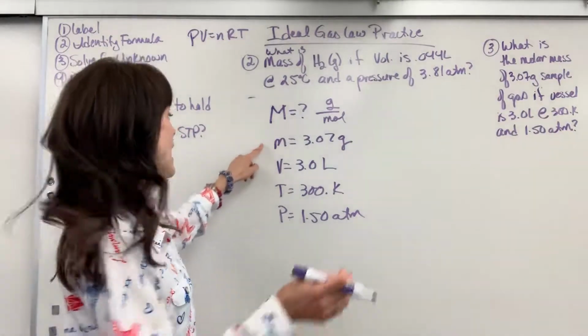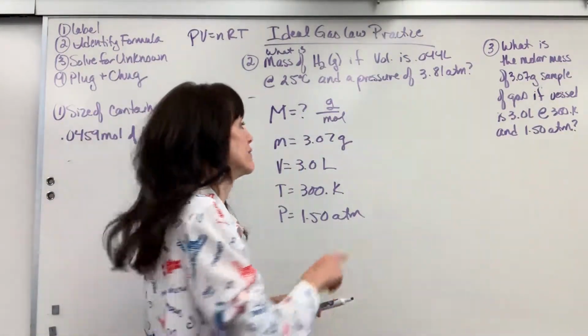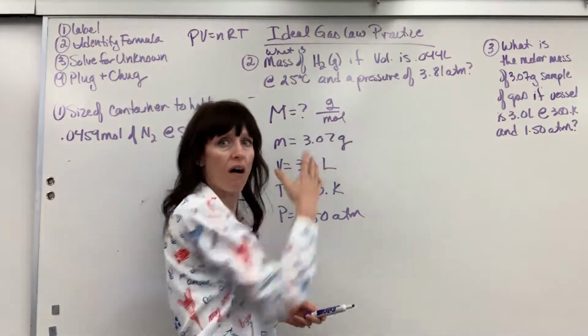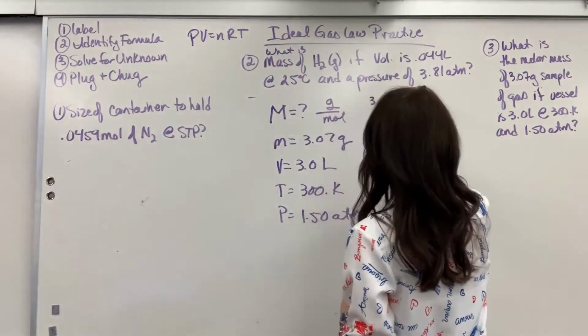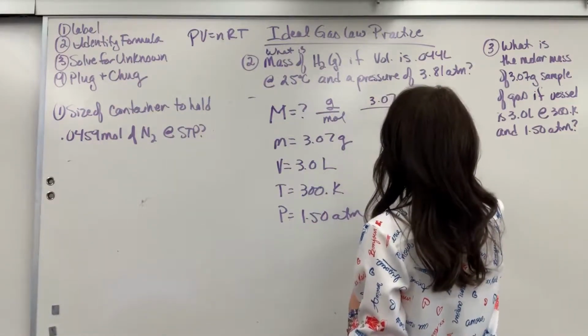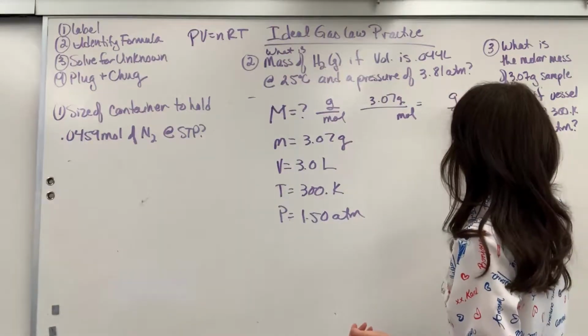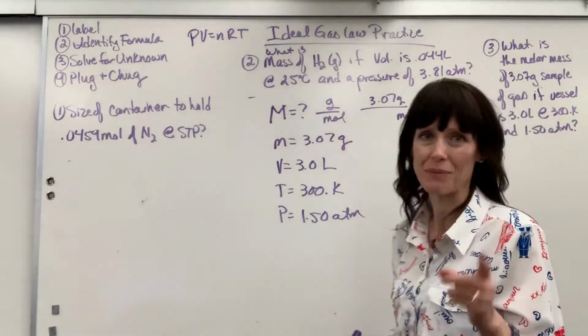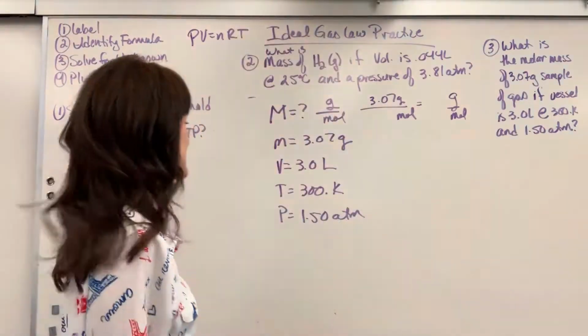Well, again, I have grams. Now I see it. If I can find the moles, all I have to do is take grams, 3.07 grams, divided by the number of moles, and that will give me gram per mole, molar mass. So I need to find moles. You know exactly how we're going to do this.